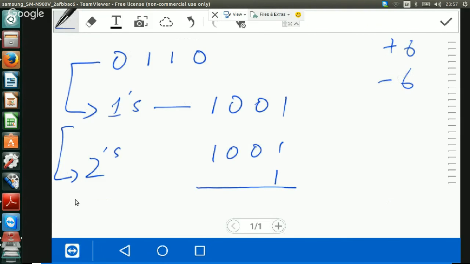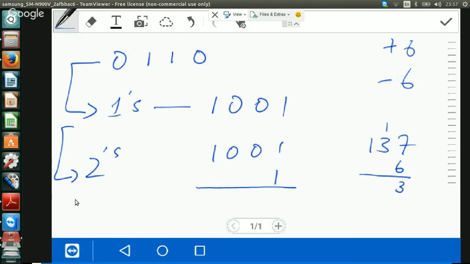For example, if you add 6 and 7, that is equal to 13. So you will take 3 here and carry 1 here.